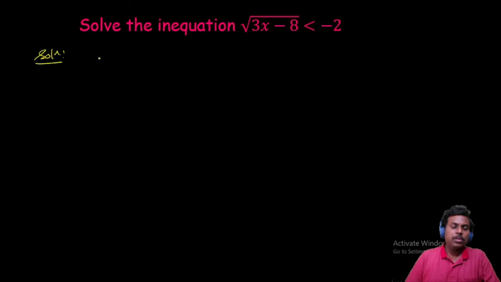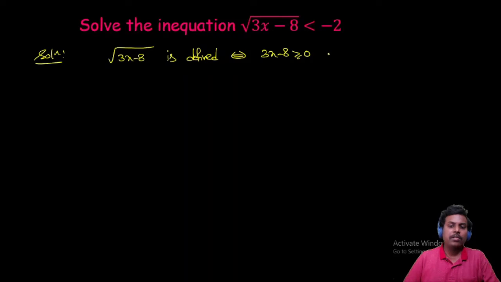So, in all these problems, whenever you find a function under root, here also you have a function which is under root. Root 3x minus 8 is defined if and only if this 3x minus 8 must be greater than or equal to 0, which implies x is greater than or equal to 8 by 3.